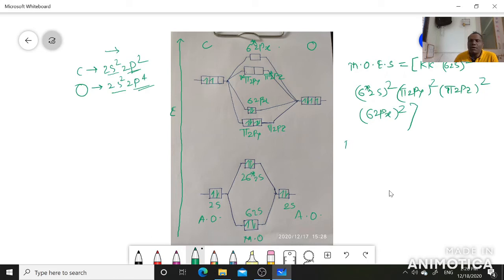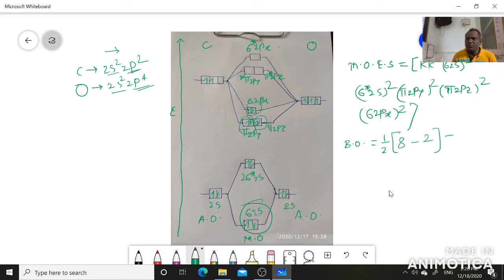Let's calculate the bond order. Bond order is equal to one half times the number of electrons in the bonding molecular orbitals minus the number of electrons in the antibonding molecular orbitals. There are 2 plus 2 plus 2 plus 2, that is 8 electrons in the bonding molecular orbitals, minus 2 electrons in the antibonding molecular orbital.